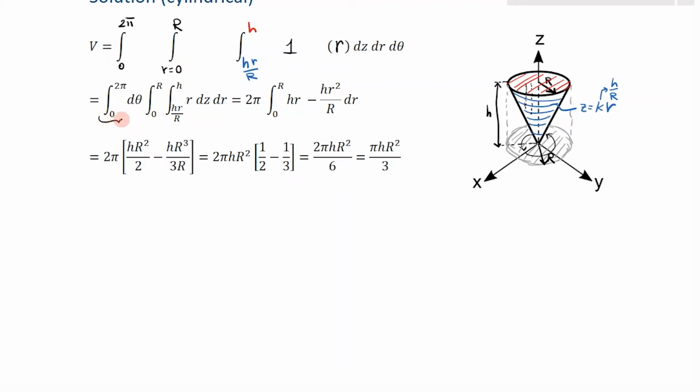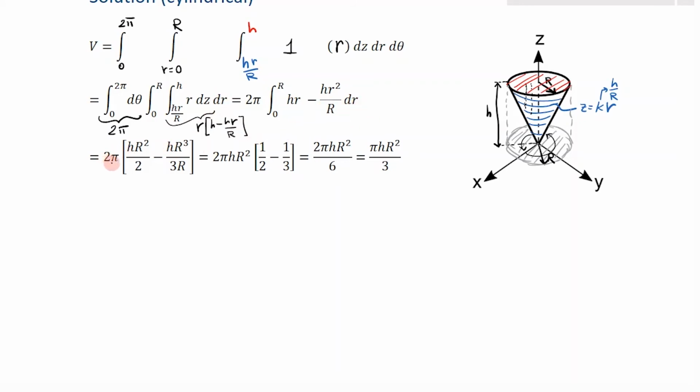Sorry. Okay. So this is 2 pi. And this one, well, r is just a constant as far as z is concerned. So we get r times h minus hr over R. Then this, when I expand, I get hr minus hr squared over R. And then dr stays.